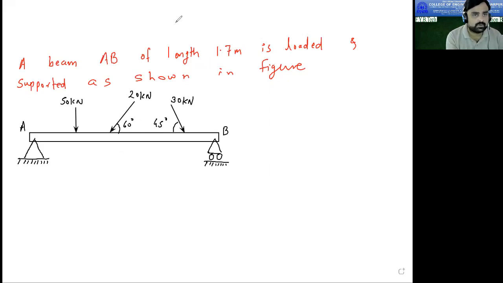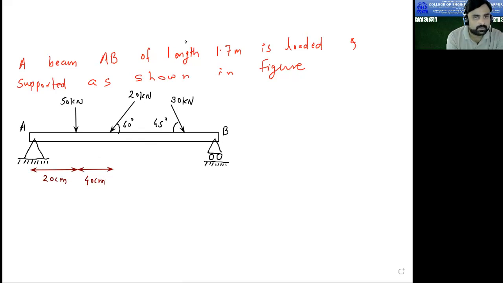Now the distances are also given to us. From point A up to this 50 kilonewton load it is 20 centimeter. Then from this point up to this inclined force, it is given as 40 centimeter.